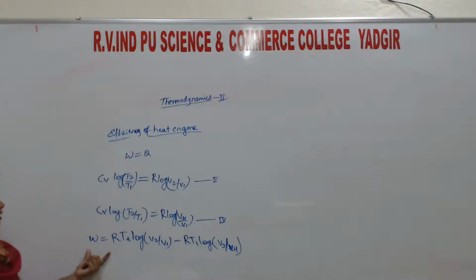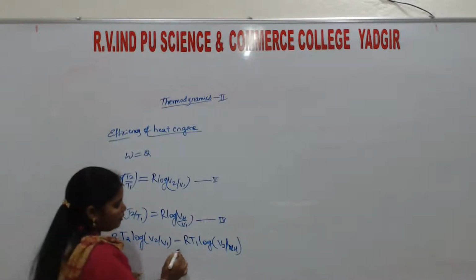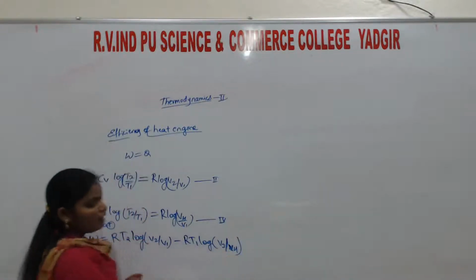Here, according to equation number 5, W is equal to RT2 log of V2 by V1 minus RT1 log of V3 by V4.